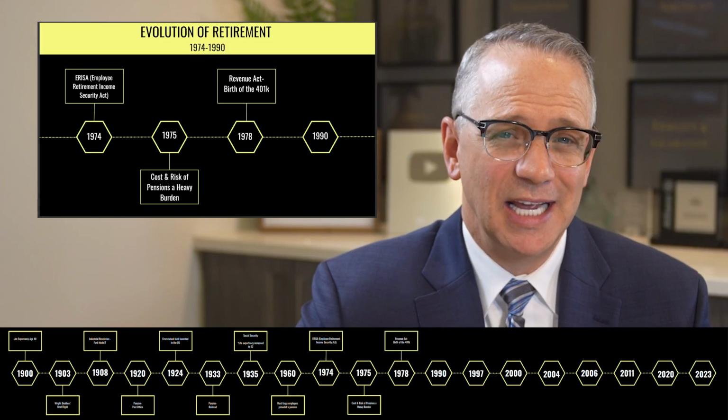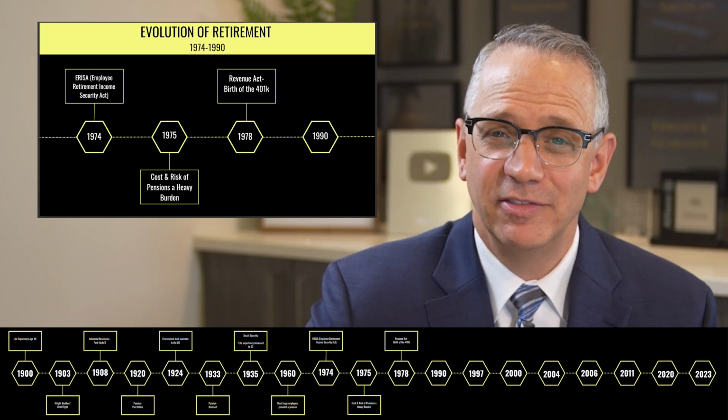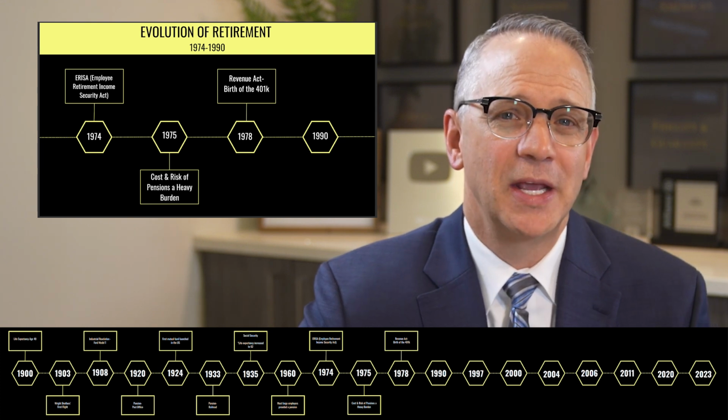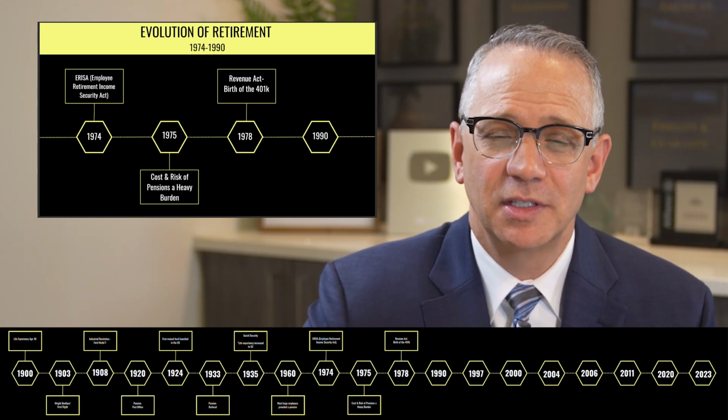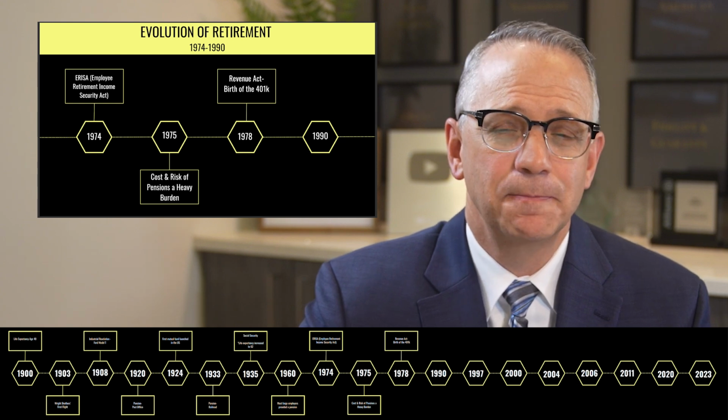So in 1978, the Revenue Act gave birth to the 401k. And so that is when the 401k first came into existence, and it was based on the idea that an employer could allow an employee to defer some of their compensation, tax deferred, so it could be used later in retirement.